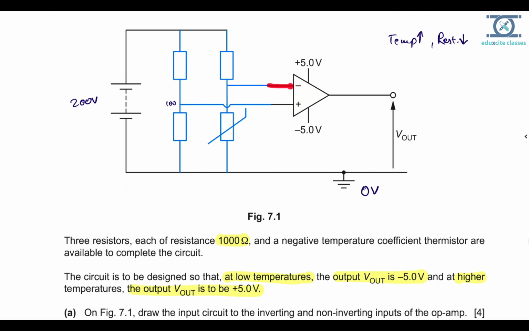Now for the inverting input, at low temperature, what will happen? At low temperature, the resistance will be high, so there will be more voltage drop across the thermistor, more than 100.